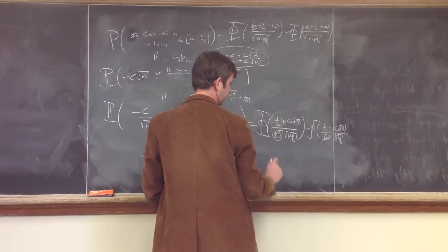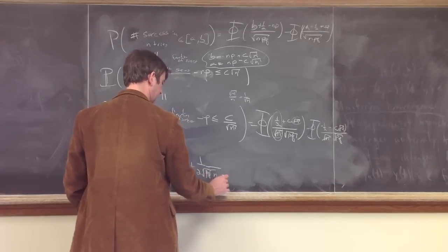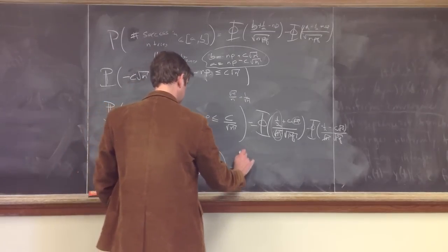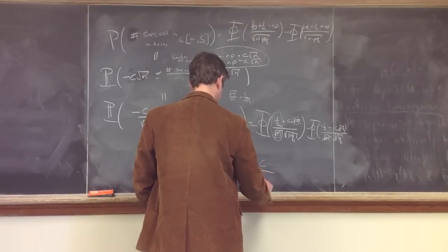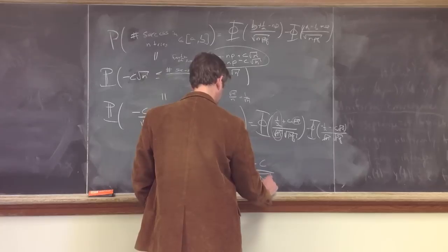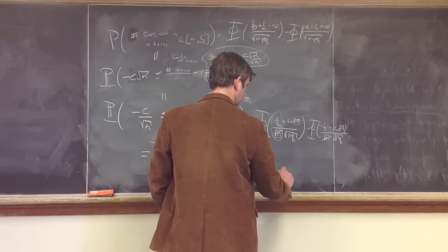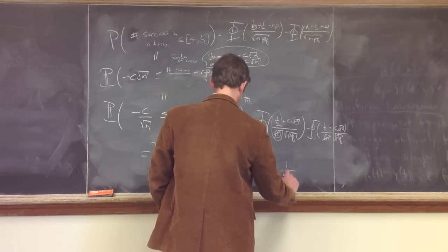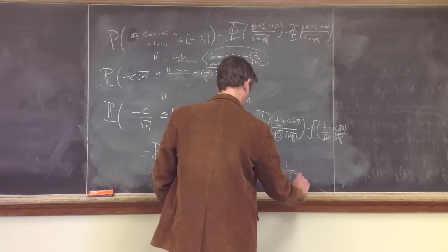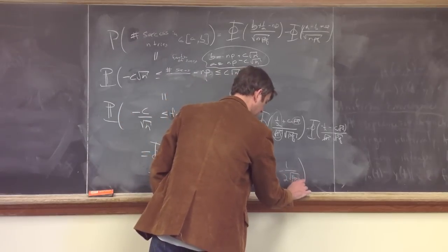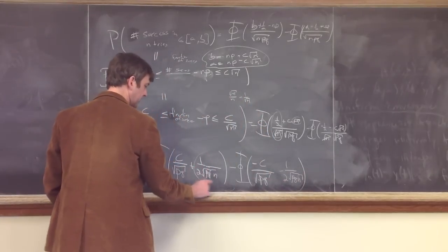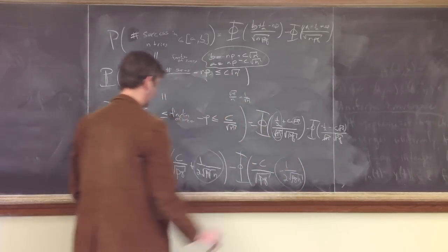There's still one left there. And I'm left with that minus phi of minus c over square root of pq minus 1 over 2 square root of pq n. Okay, for large n, the circled terms don't matter at all.